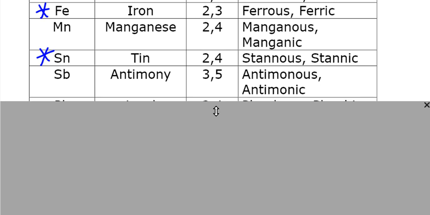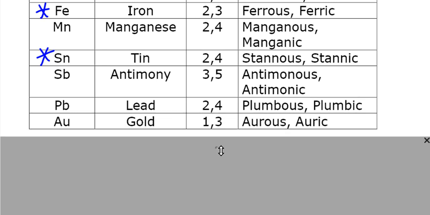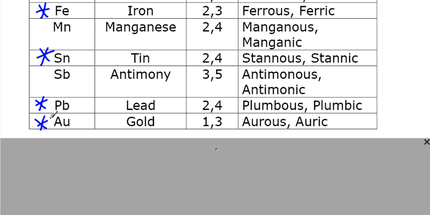Antimony is Sb, antimonous or antimonic, and its common charges are 3 and 5. Lead and gold are another two, where you see quite a big change in the name. Plumbous and plumbic, and aurous and auric for gold. And again, they match their symbols there.